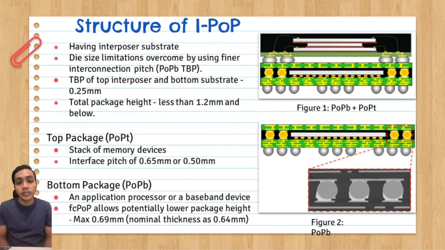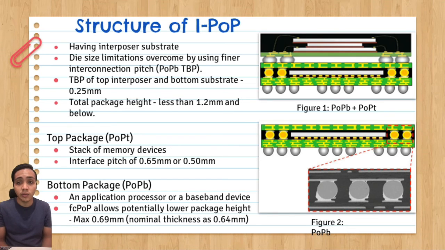So this is the structure of iPoP of FC PoP. From figure 2 we can see PoP-B, which means the PoP bottom, and the PoP bottom has an interposer substrate, which is the green color at the top. As I said earlier, the interposer substrate makes the connection between the bottom and top package.